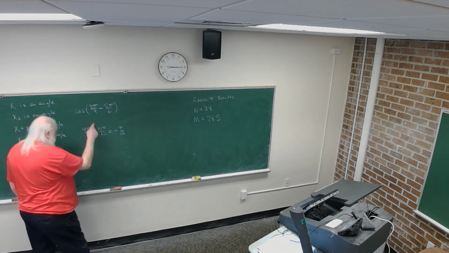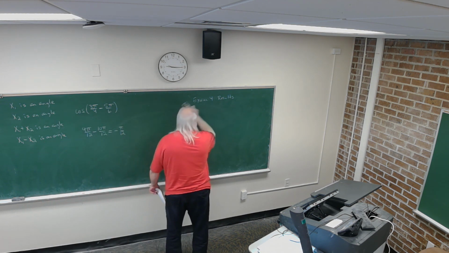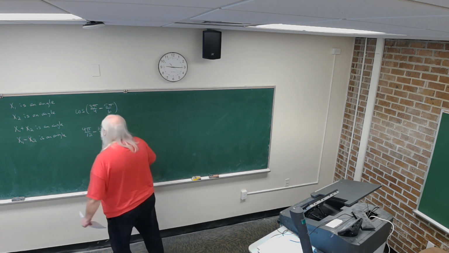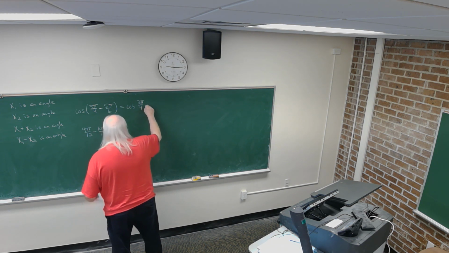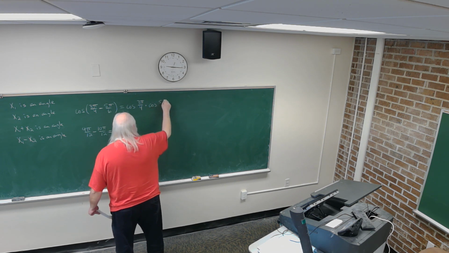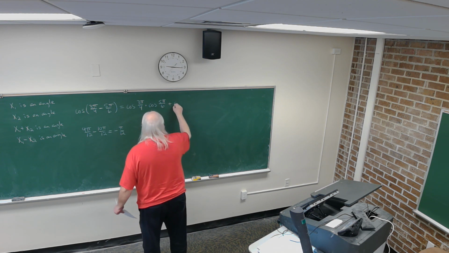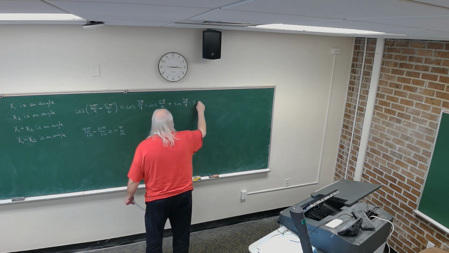So the cosine of 3 pi over 4 minus 5 pi over 6, according to our formula, is equal to the cosine of the first angle times the cosine of the second angle plus the sine of the first angle times the sine of the second angle.